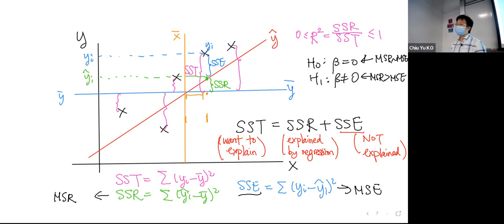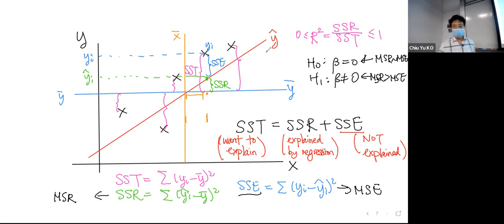So basically, you are comparing two variances, right? Then that gives us the F-test. We are comparing the variance measured by SSE and SSR. The variance measured by this one should be similar to this one if actually it's a flat line.